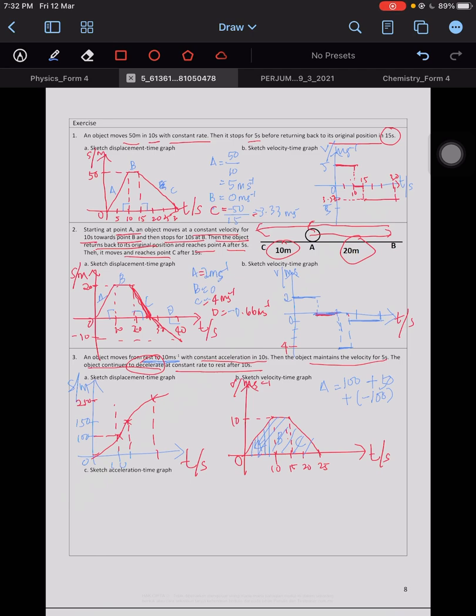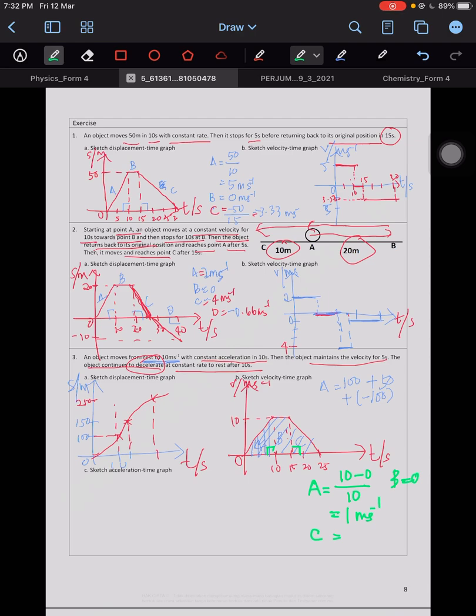And then sketch the acceleration time graph. Look at over here. You need to find out the gradient. What is your gradient for part A? 10 minus 0 divided by 10, what you get? 1 meter per second squared. Your B doesn't have any gradient, so leave it.